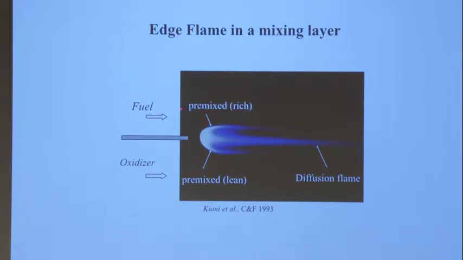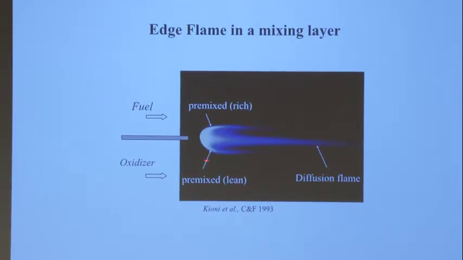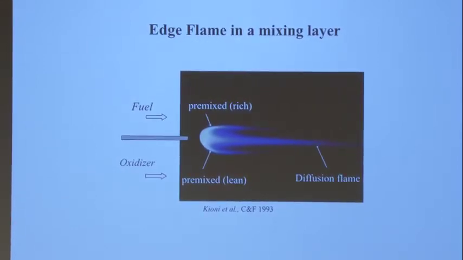But since you have enough fuel coming from here, there is excess fuel that goes through the premix flame, and there is excess oxidizer coming from the other side, and that excess fuel and oxidizer burn here as a diffusion flame. So what you have is a structure that has a premix edge with a trailing diffusion flame.